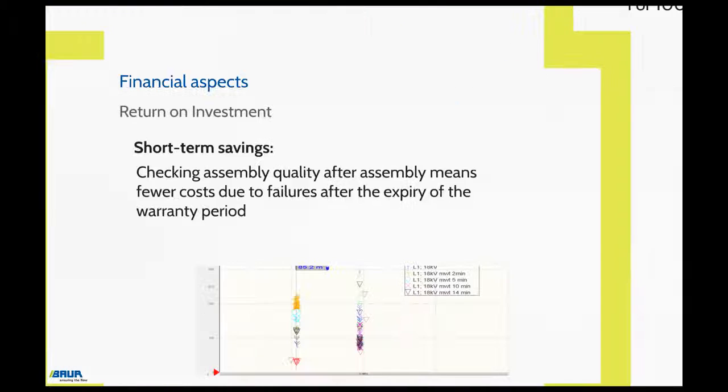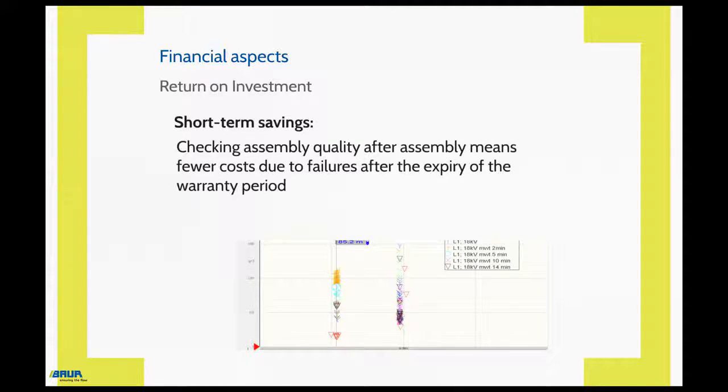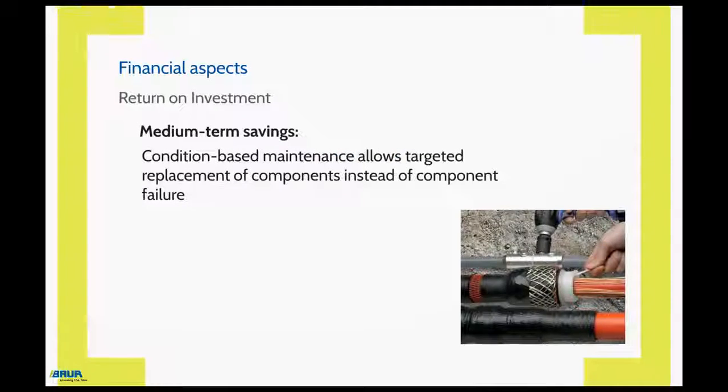This compares to the following savings that can be achieved by the use of cable testing and diagnostics. Failures after the expiry of the warranty period can be significantly reduced by the checking of assembly quality, resulting in savings of at least 2,000 to 5,000 euros per component. Condition-based maintenance makes it possible to strategically replace components before they fail. This gives a saving of at least 2,000 to 5,000 euros per component.